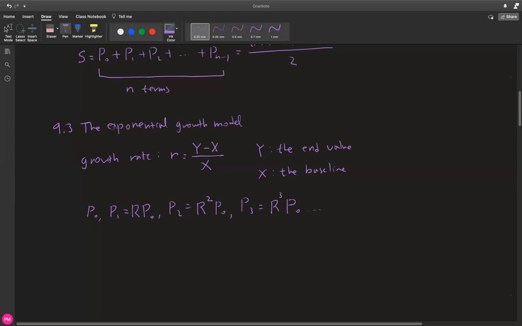So this would imply the population after 1 generation, 2 generations, 3 generations, and so on.